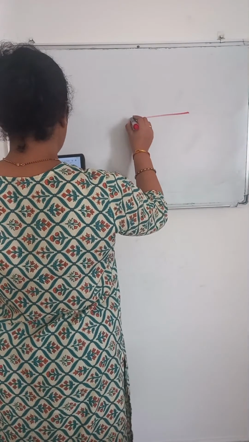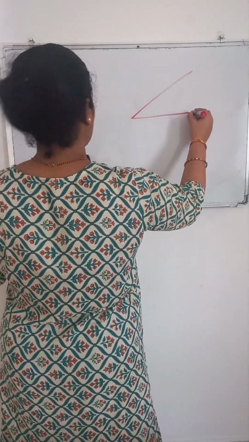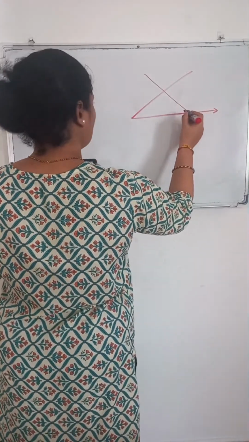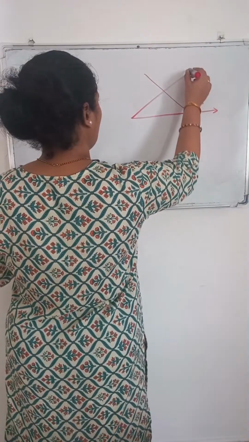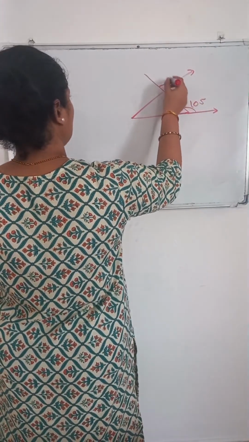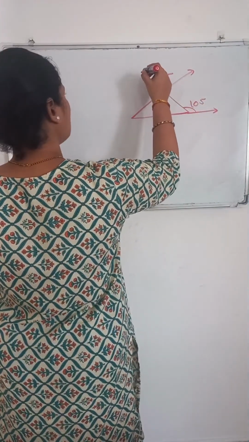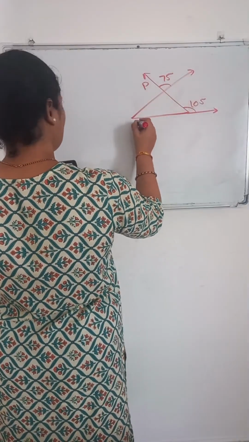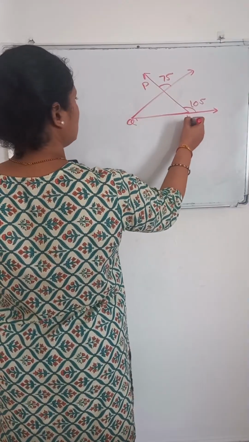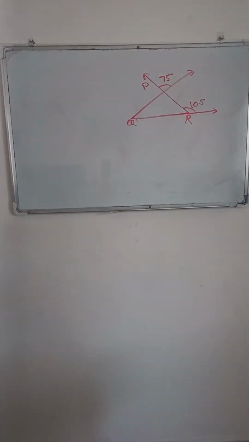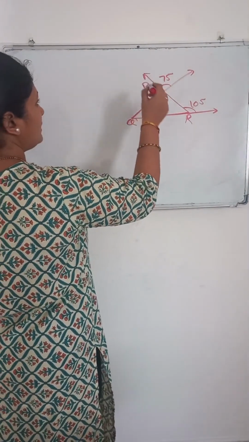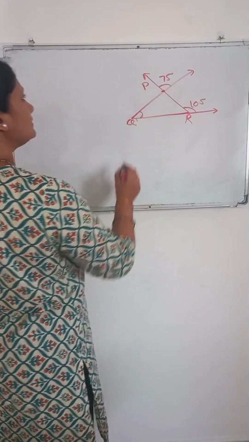So draw the figure. This is 75, this is Q, this is R. So here P is nothing but this point. And they are asking PQR, meaning they are asking this angle.